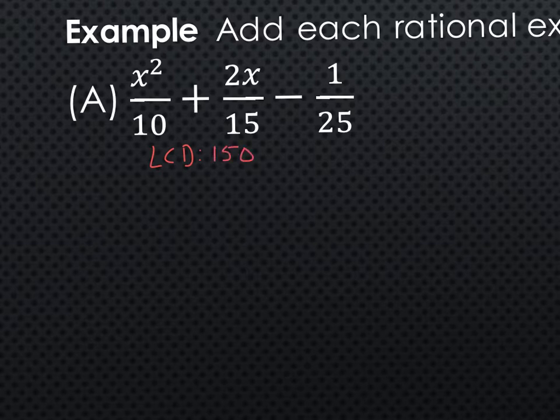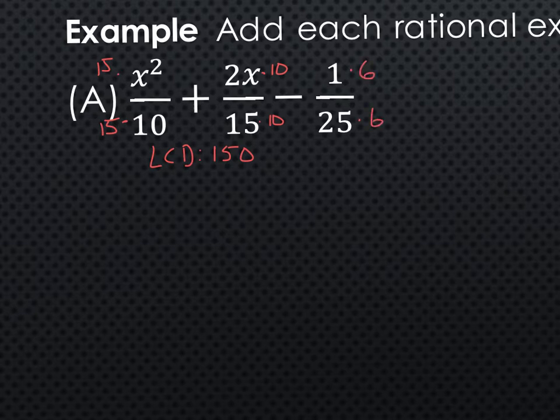Well, what are you going to multiply 10 by to get 150? Well, hopefully you recognize, oh, you're going to multiply that by 15. What are you going to multiply 15 by to get 150? And hopefully you're like, oh, times 10. And think of how many quarters are in $1.50. Well, you're going to multiply that third fraction by 6.